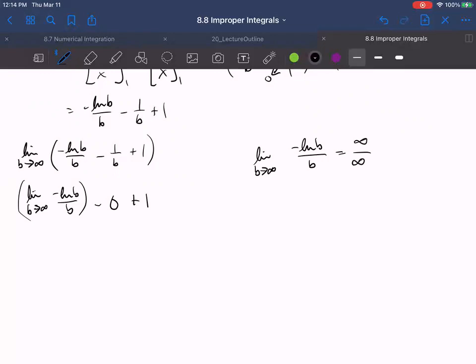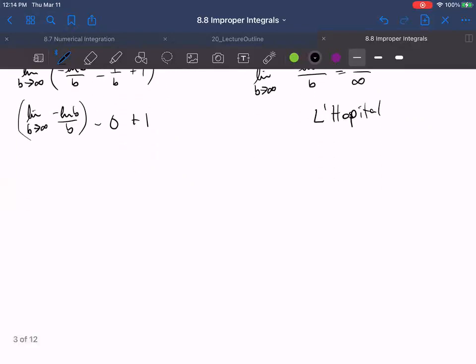So what do we do if we have a form like that? And we do that by doing what? Yep. And so what's the derivative of negative natural log of b?